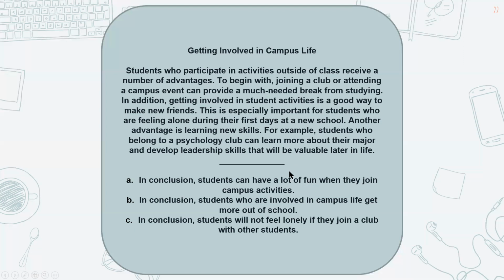I'm not talking about fun. The topic sentence is about the advantages. When you write your concluding sentence, you can't just choose one advantage and write about it. It can be a general statement or a summary. So this one can be the concluding sentence. In conclusion, students who are involved in campus life get more out of school. Or in conclusion, students will not feel lonely. Feel lonely? No, so it's B because C is specific.